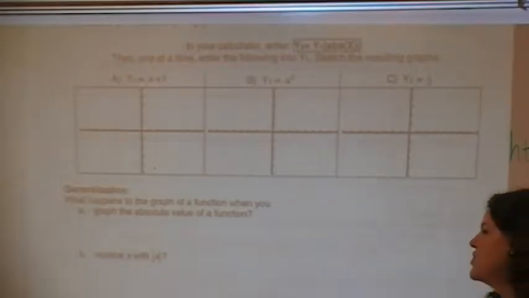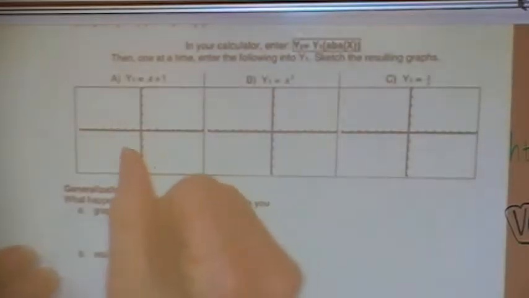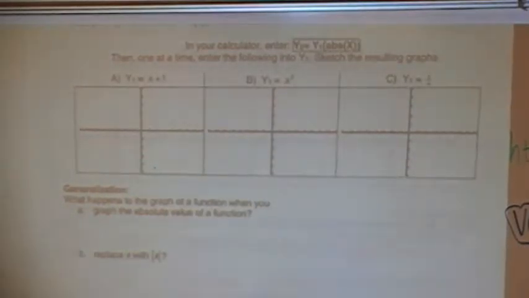Okay, absolute value, these are the weird ones. I kind of explained them the other day. I'm going to explain them again, especially the bottom one, which is just weird. The first one makes sense. If you graph the absolute value of a function, meaning it's the whole function, all the values that are below the x-axis, all the negative numbers, are flipped up.